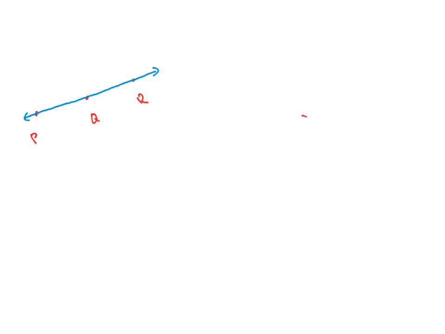Another way that we can prove this is if the slope of PQ is equal to the slope of QR. So if we pick any 2 points and their slopes are equal to each other, then we would say that those lines are collinear.